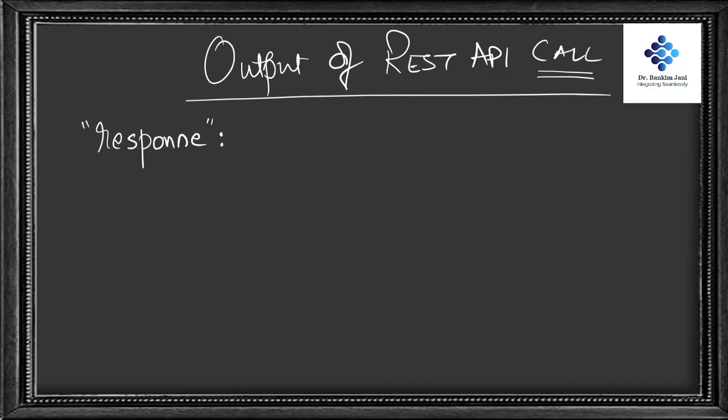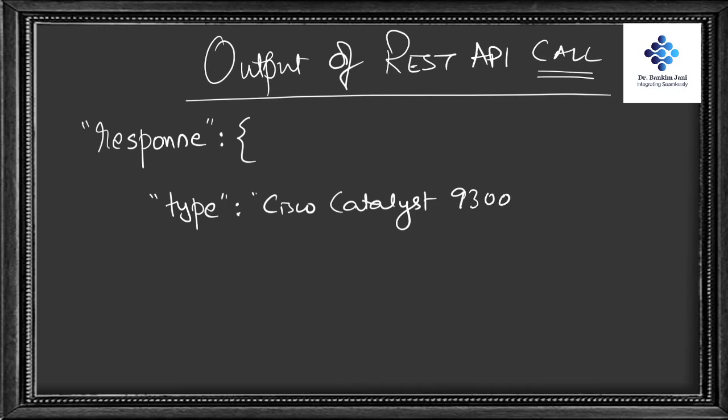And then this colon and this curly bracket, and if you see, it would say type, and over here this is a Cisco Catalyst 9300 switch. Then let's say MAC address, and there would be some MAC address.